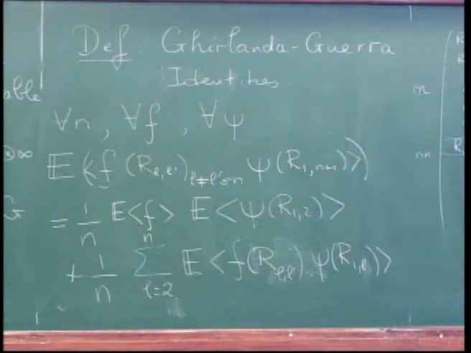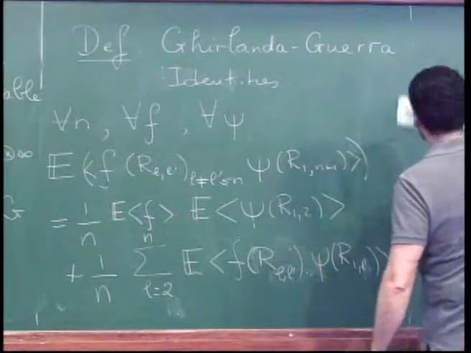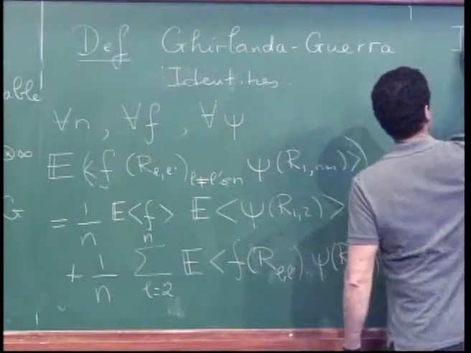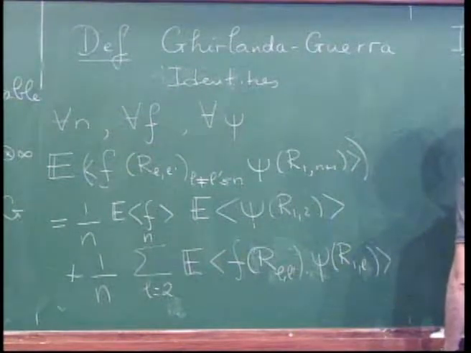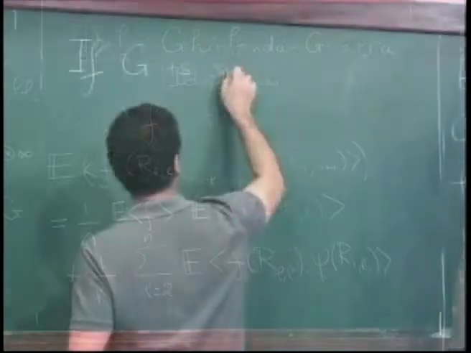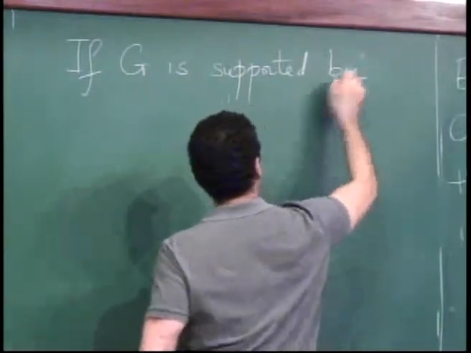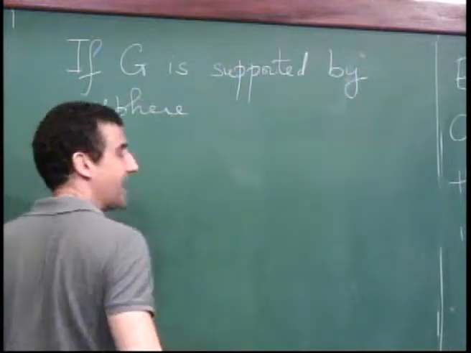It's then very simple. Imagine for a moment that in fact G, let me give you the interpretation of that. If G is supported by the sphere, just so that we have something simpler, we don't care about the diagonal at all.